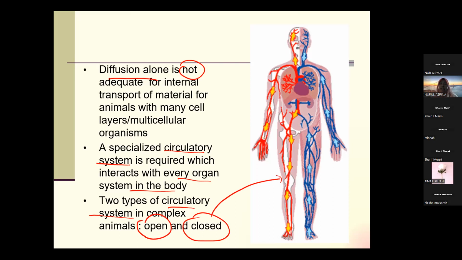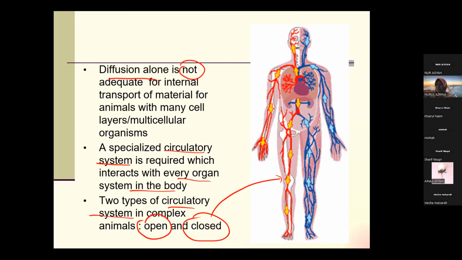All right. So it is closed. Closed here means the circulatory system or the body fluids is confined within a closed vessel, where the environment inside the vessel or inside the circulatory system will not be mixed with the fluid or the environment outside of the circulatory system.